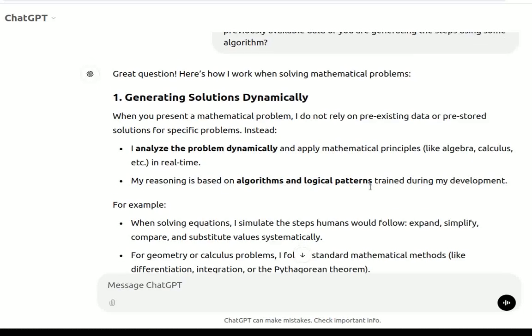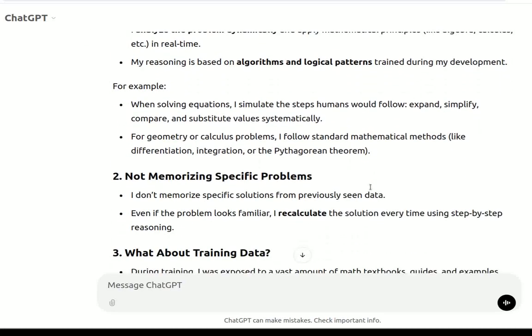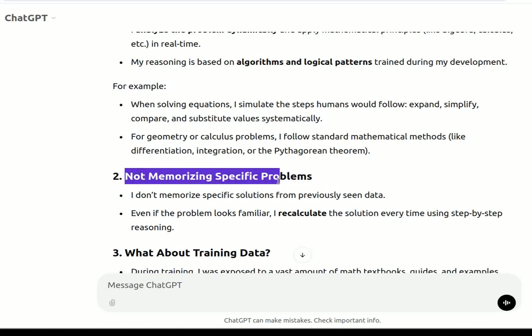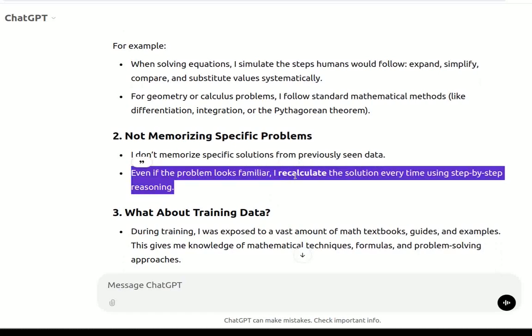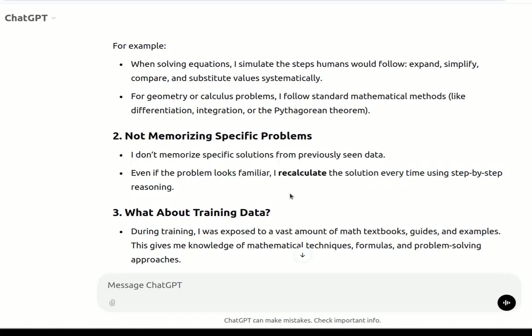It is generating the solution, and it is stating that ChatGPT is not memorizing specific problems. Okay, what does that mean? Every time you give the problem to solve, it is recalculating and doing the solution every time. Okay, step by step reasoning.